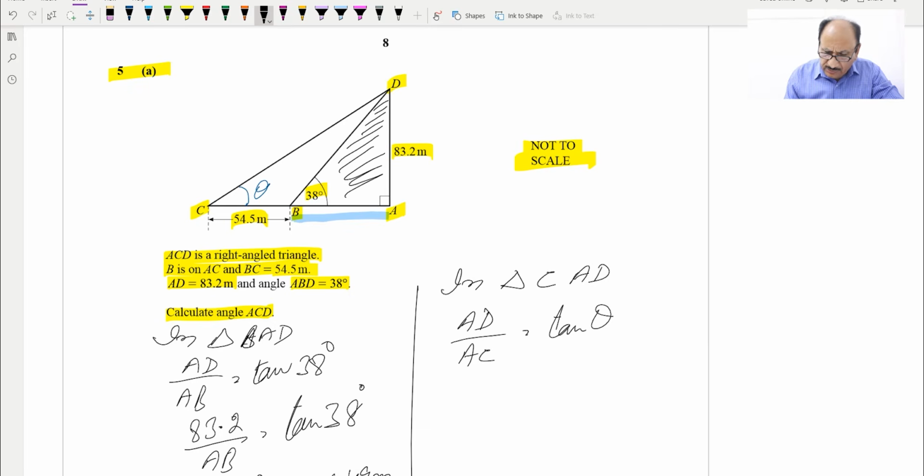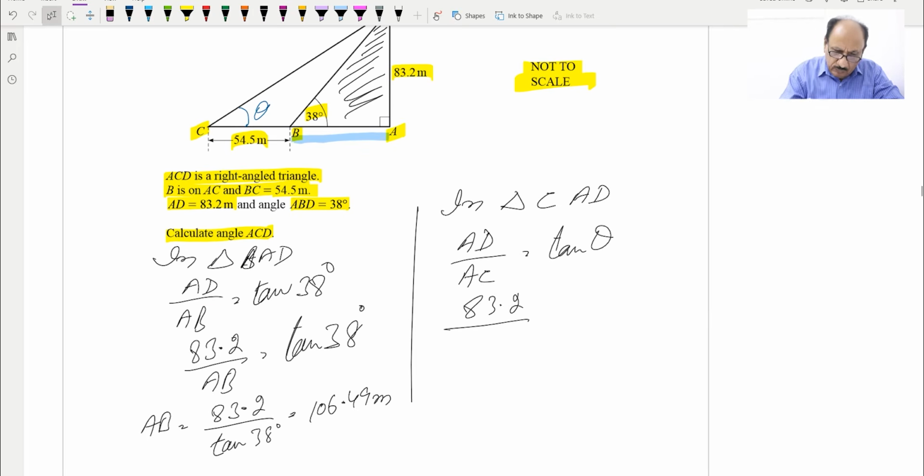So AD is 83.2 over this side, which will be the addition of two lengths, 106.49, this one, and 54.5. So these two we will be adding, 106.49 plus 54.5.